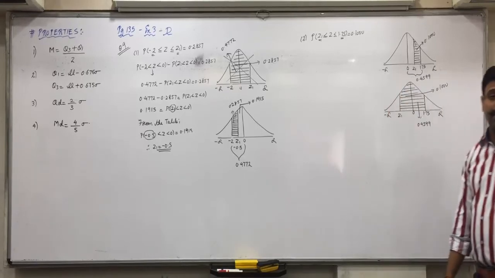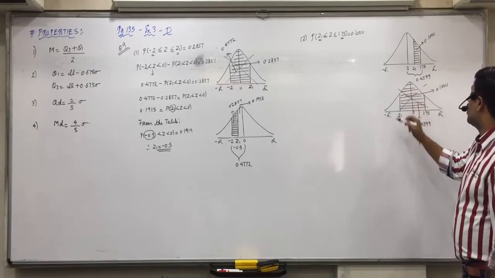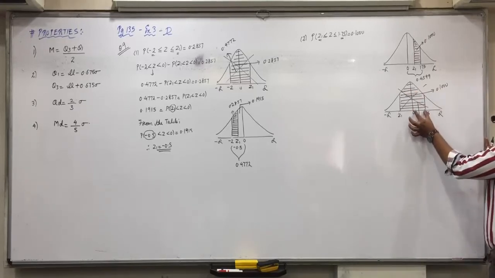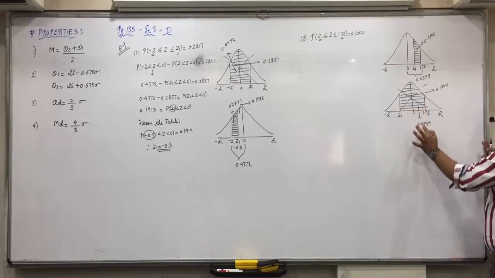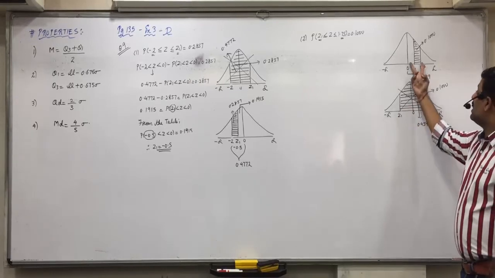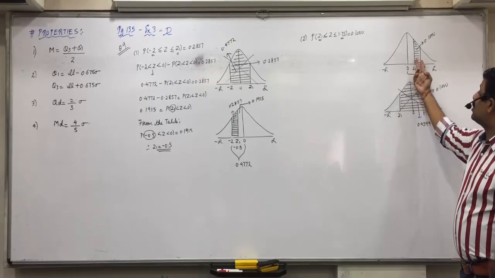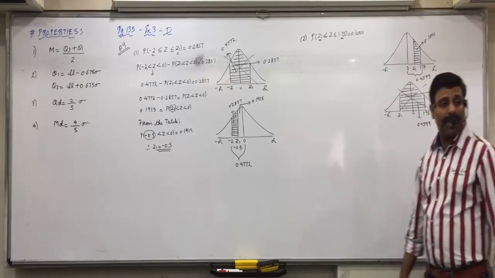Now which one is possible? First is right and second is wrong. Because if this area is 4599, then this should be more than 4599, so 1000 is not possible. If this area is 4599, then this should be less than 4599. 1000 is less than 4599.